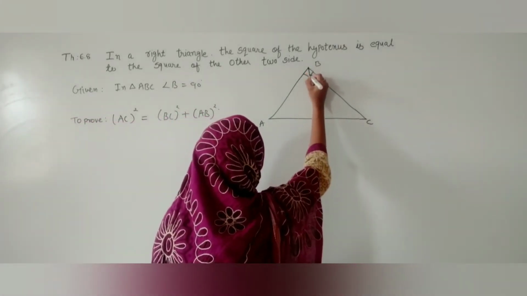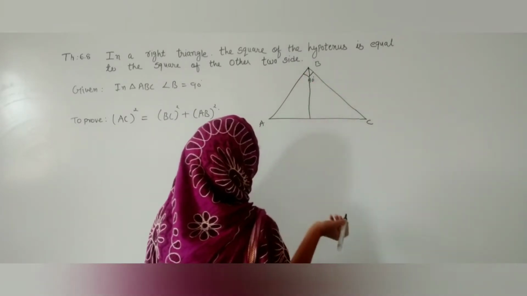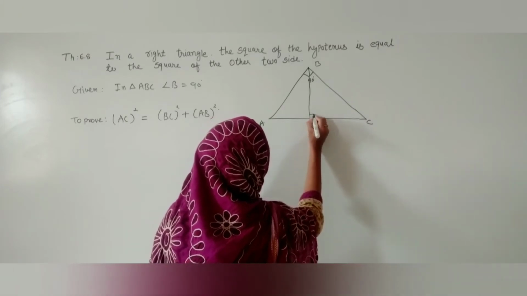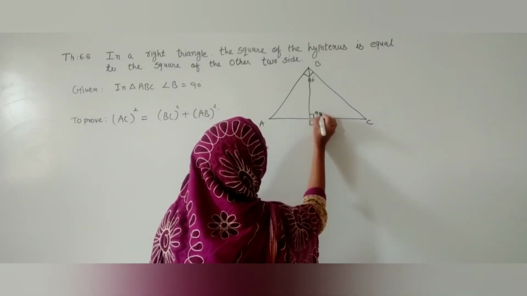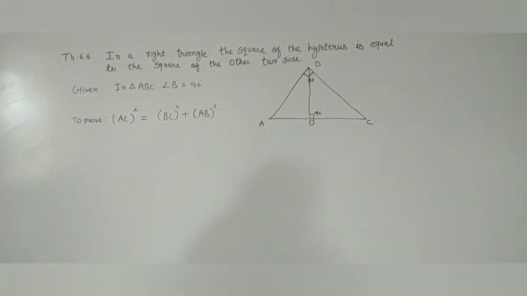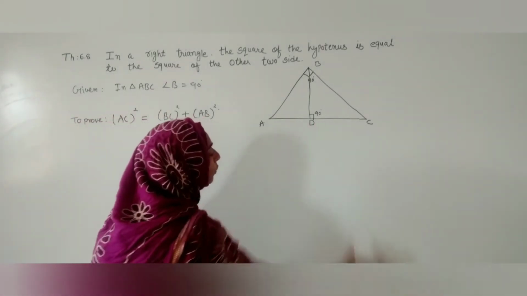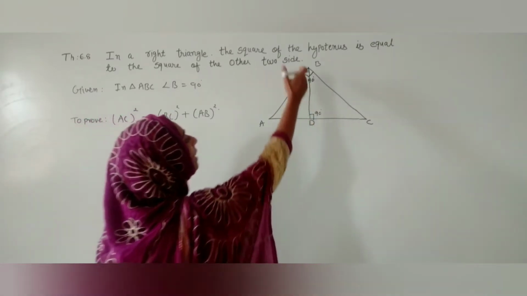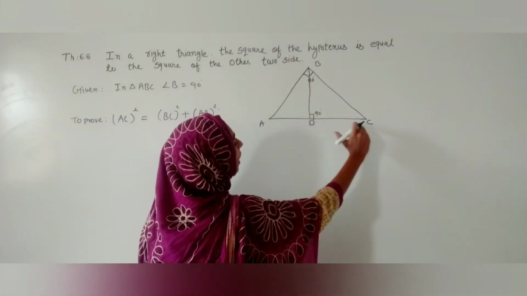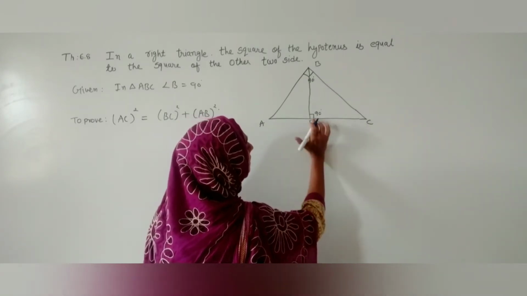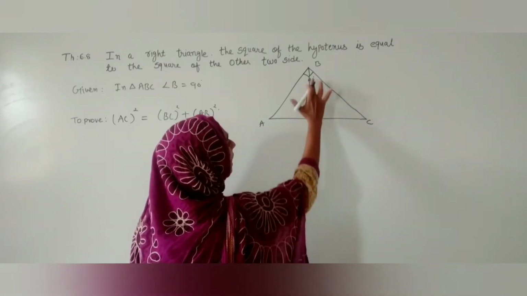So we have to take another perpendicular and give it the name D. Perpendicular means when it falls on any side, it will make 90 degrees. It doesn't mean that it will bisect, that AD is equal to DC, but it is compulsory that when we draw any altitude or perpendicular, it will intersect that particular side at 90 degrees.